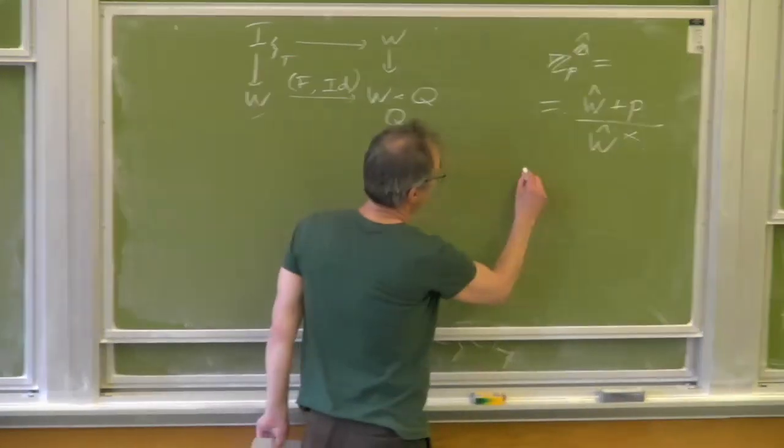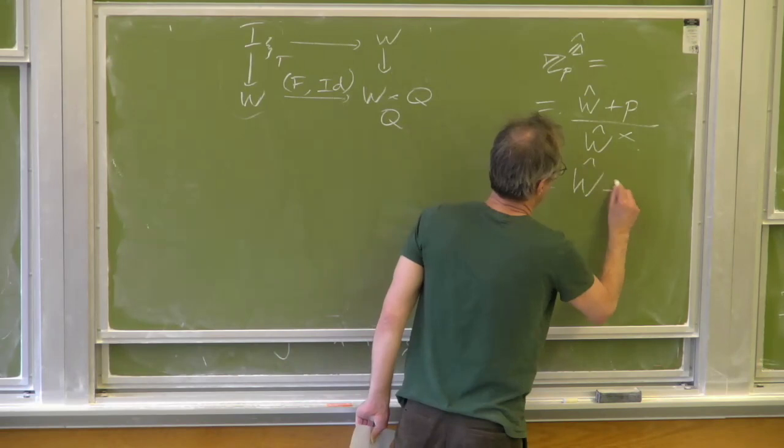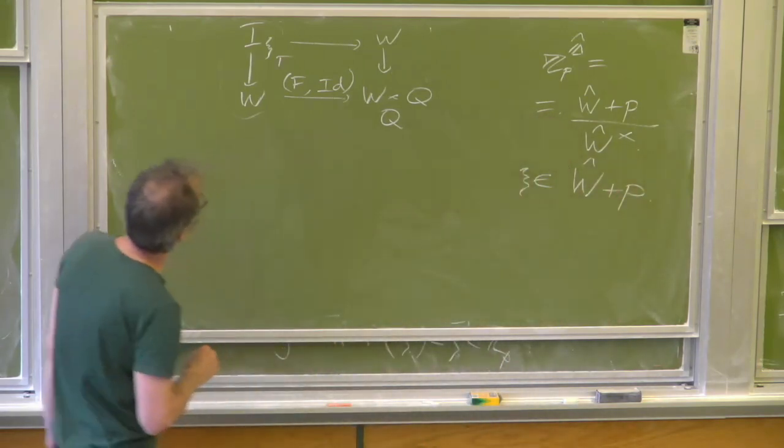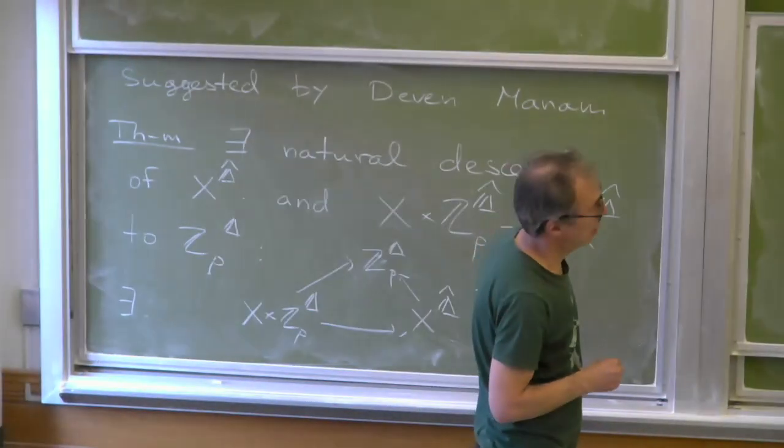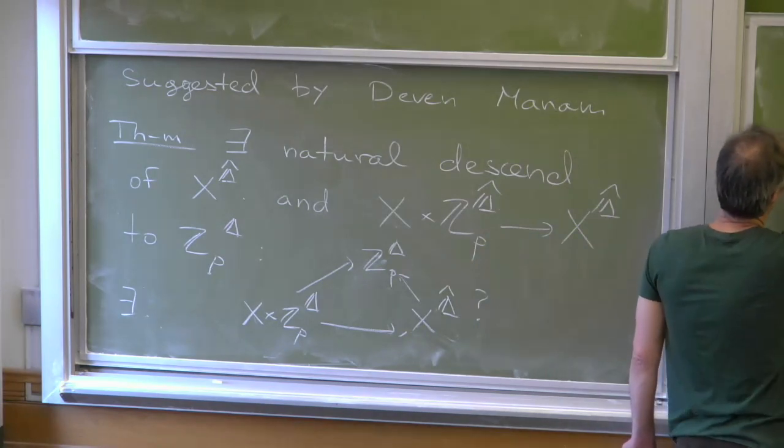So suppose I have a point C, which lives here. What is I_X,C?